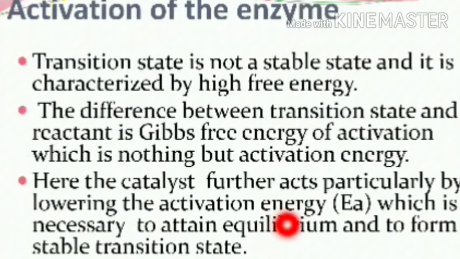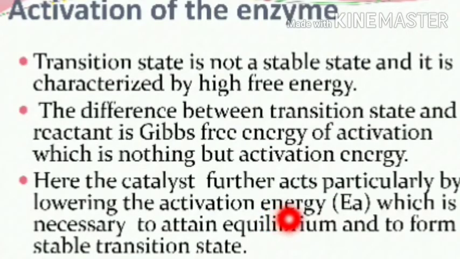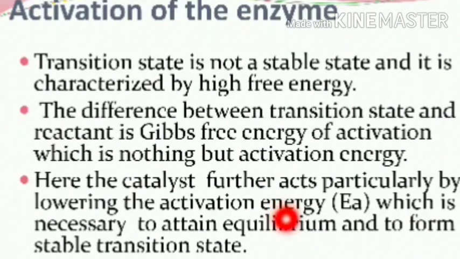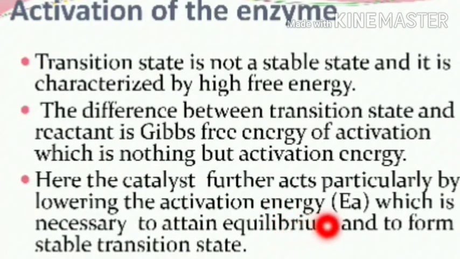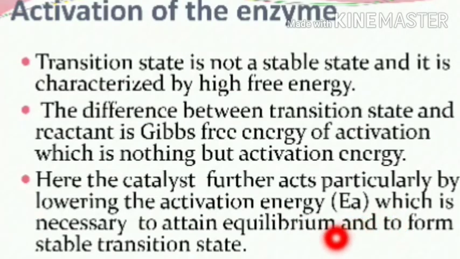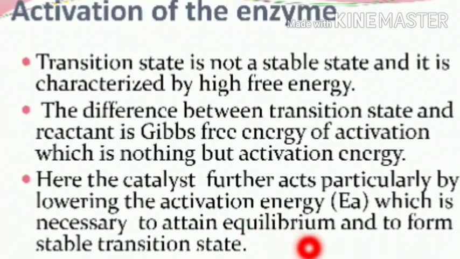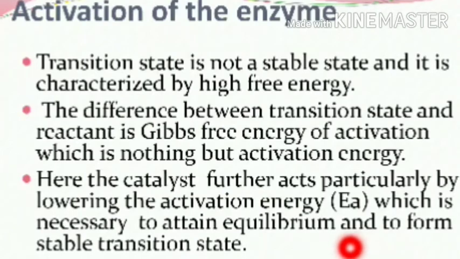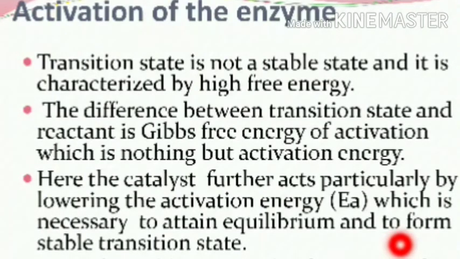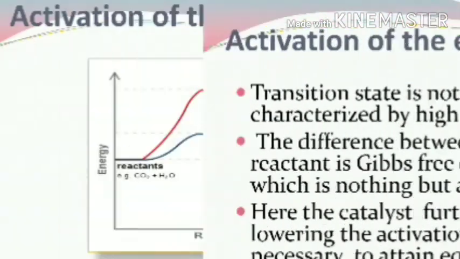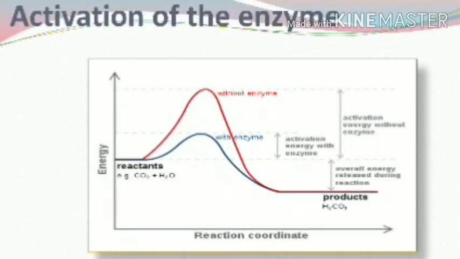It means when there is a decrease in the activation energy following the formation of the ES complex, the ES complex becomes stable and the reaction proceeds further. So once the stable ES complex forms, it confirms the conversion of substrate into the product. So the stable ES complex confirms the formation of products.